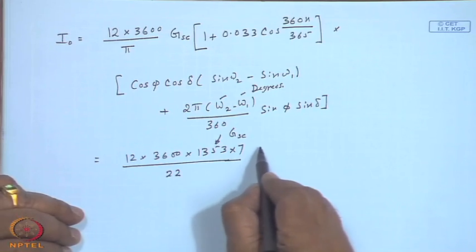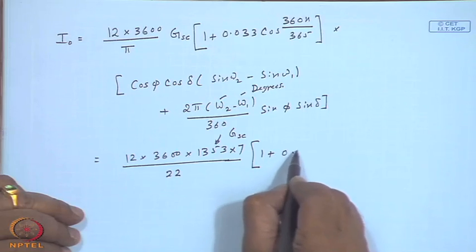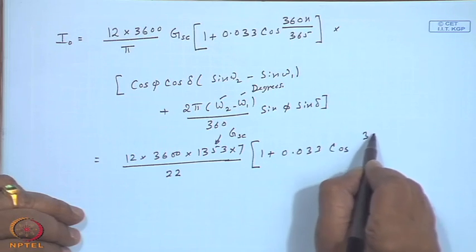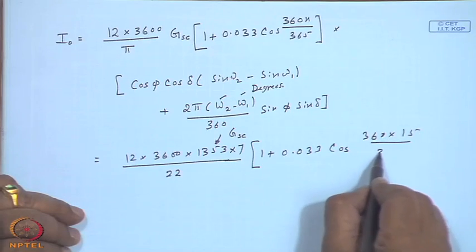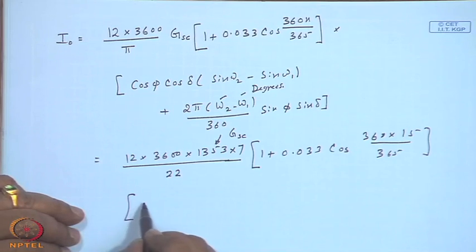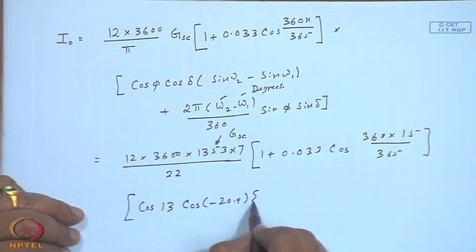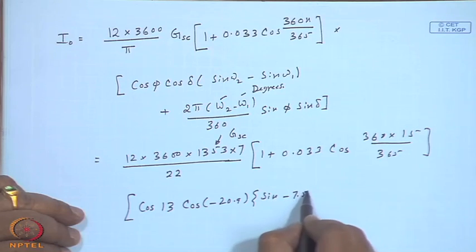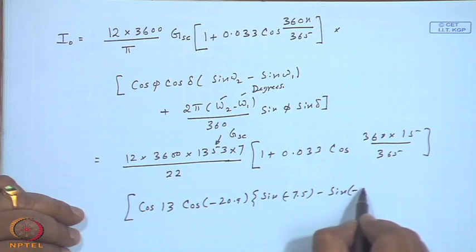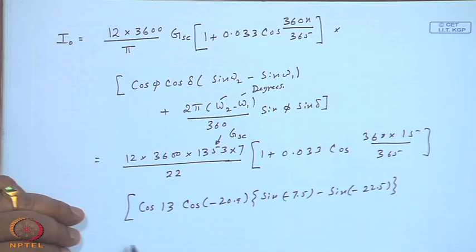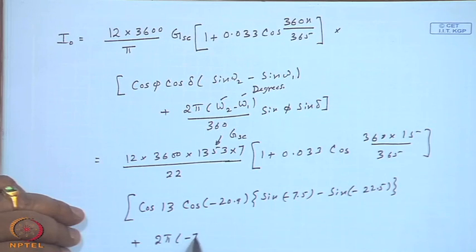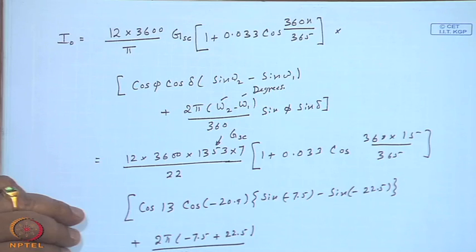So, it goes to the numerator, multiplied by 1 plus 0.033 cos 360 into n, which is 15, by 365, times cosine phi, cos delta, times sin omega 2 minus sin omega 1 plus 2 pi into omega 2 minus omega 1, which becomes plus 22.5, by 360 times sin phi times sin delta. Okay.